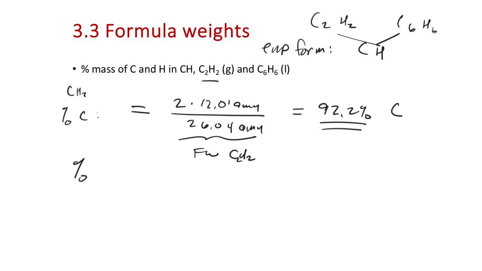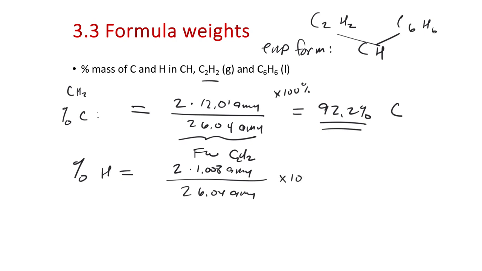The percent by hydrogen, the percent of the mass that's from hydrogen, is just the difference, so you could probably guess that it would be 7.8%, but we should get that number to work out by taking 2 times 1.008, the mass due to hydrogen, divided by the formula weight of the compound. Oh, there's a times 100% in here that I didn't write above.